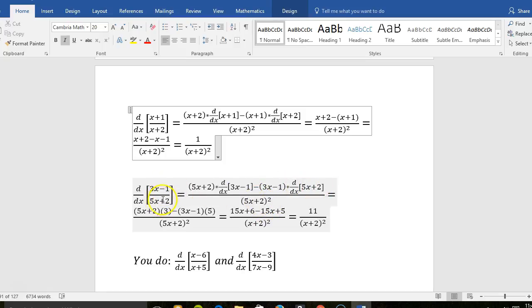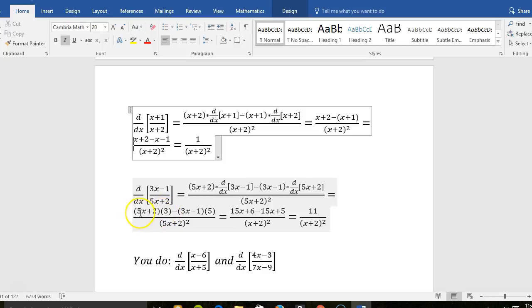So 5x plus 2 is low, 3x minus 1 is high. So low times the derivative of high with respect to x, minus high d low with respect to x, over low squared. So now 5x plus 2, now the derivative of 3x minus 1, this minus 1 gets killed, and the derivative of 3x is just 3 itself. So there's that.